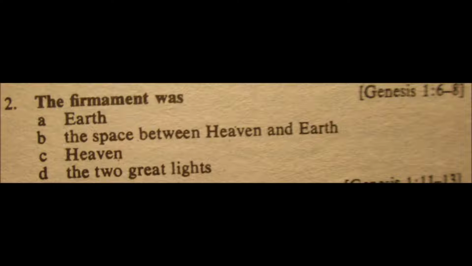I also noticed that the author uses the King James Version as the source for the answers. So I looked at Genesis chapter 1, verse 6, and I had selected B, the space between heaven and earth, and I was pretty confident about that.